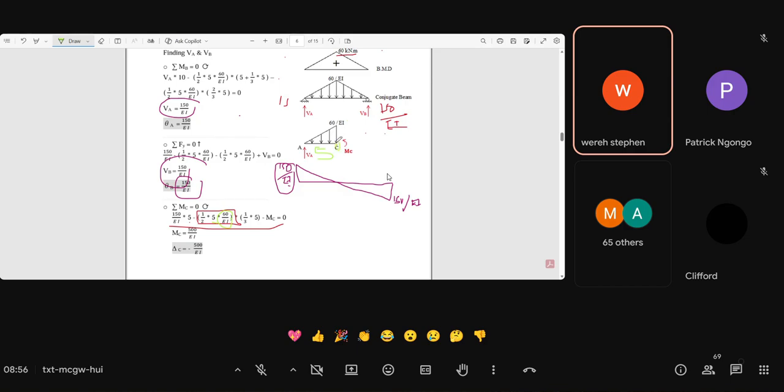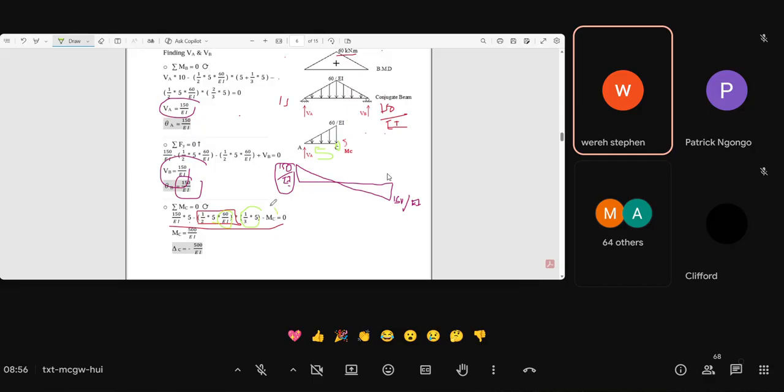Then times the center of gravity of this triangular load from point C. The distance now is the distance of its center of gravity to point C. So the center of gravity here, if you are coming from this larger side, is normally a third. So that's why you are seeing a third times 5. 5 is the distance from A to C. Okay.